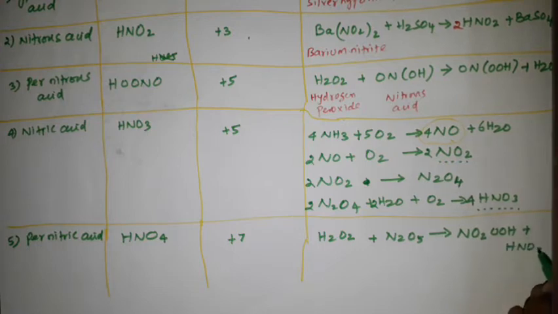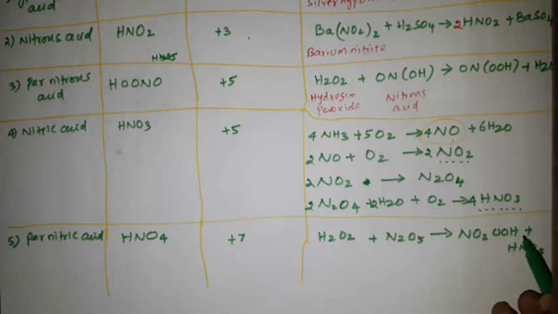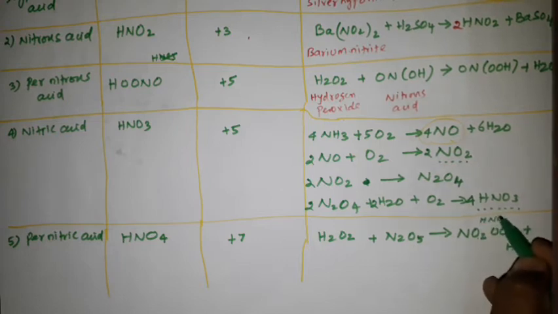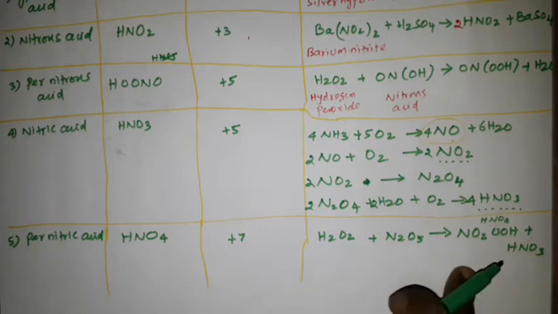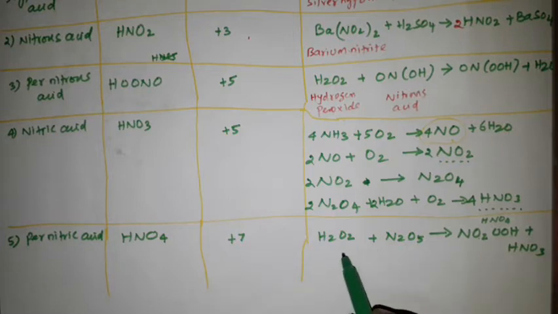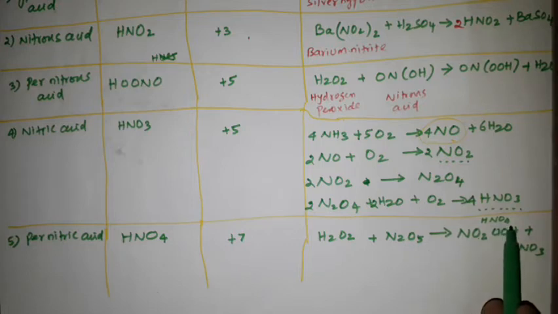HNO3 is the byproduct, and NO2OOH, that is HNO4. So you can write this way also, HNO4 is also correct. So H2O2 plus N2O5, we are getting NO2OOH, that is HNO4, pernitric acid. Then the byproduct is HNO3.